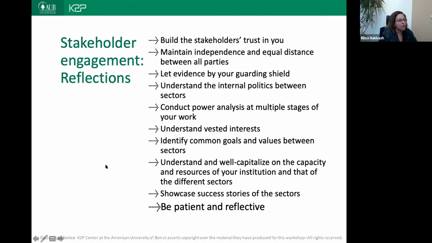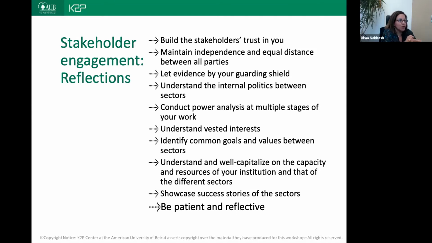So a few reflections from our experiences on the experience of stakeholder engagement. At least for us who have worked with communities, we know the value of trust. Community is one stakeholder. In advocacy, you're working with multiple stakeholders, and it's a time-consuming process that you need to engage in as an advocate to gain the trust of various stakeholders.